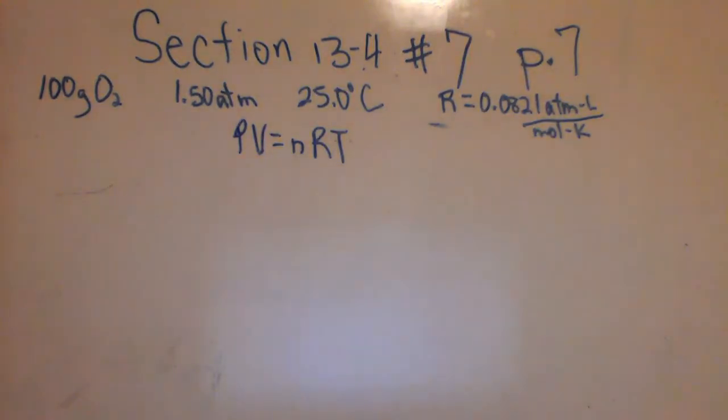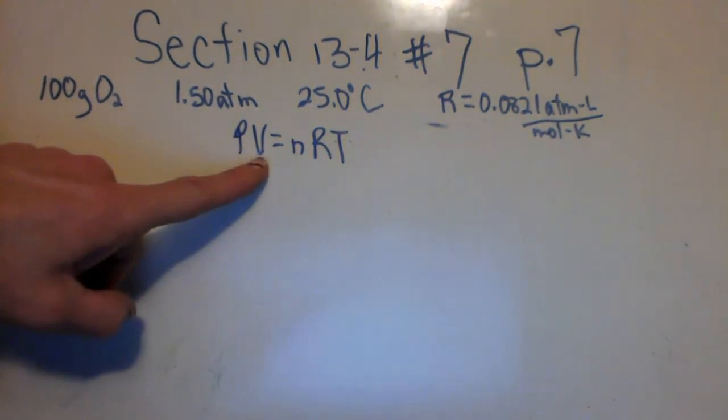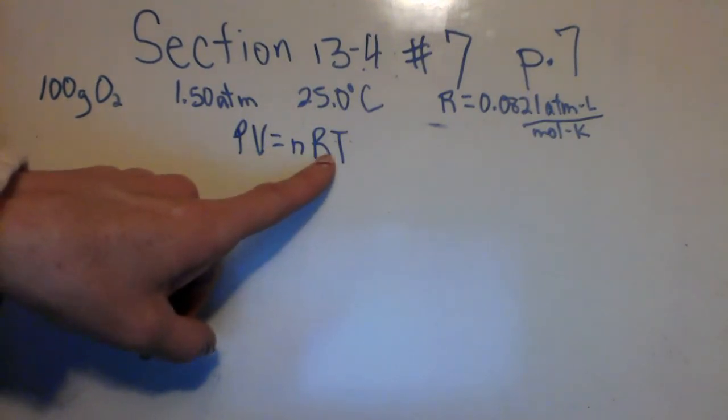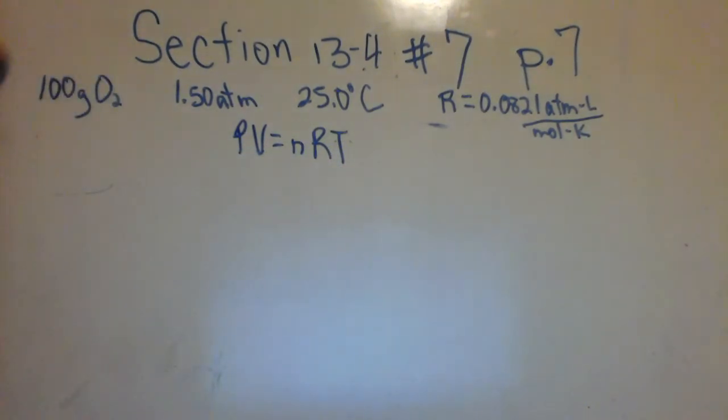Again, we're going to use the ideal gas equation. We know the pressure. We're asked to find the volume. We know the ideal gas constant, we know the temperature, we don't know the number of moles, but we have sufficient data to figure out the number of moles.